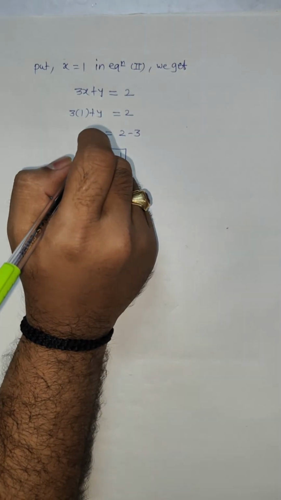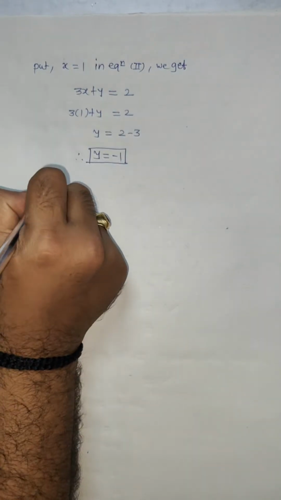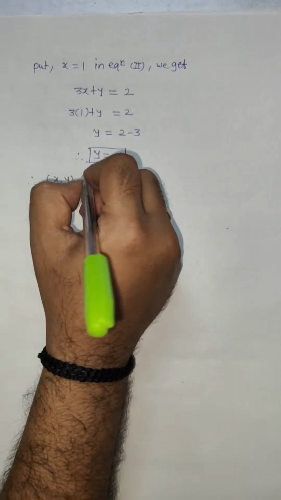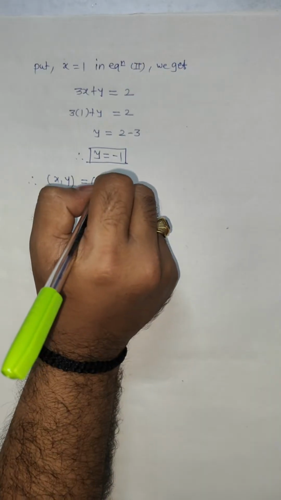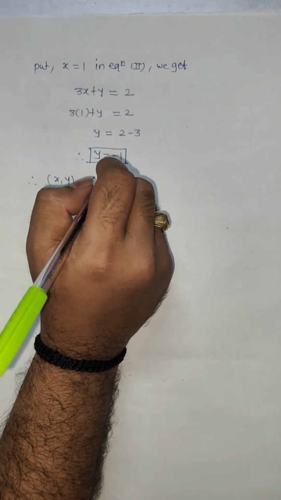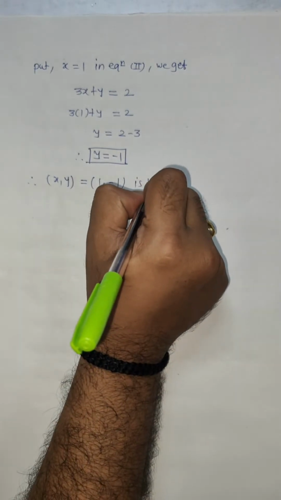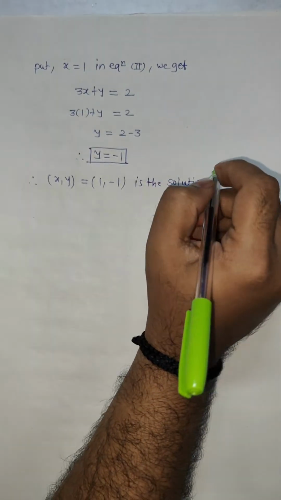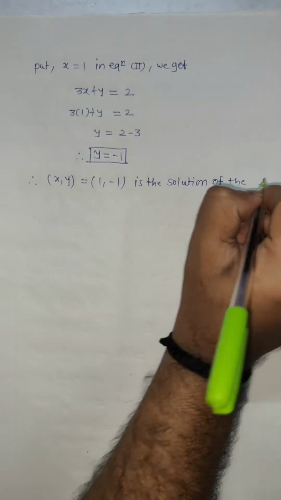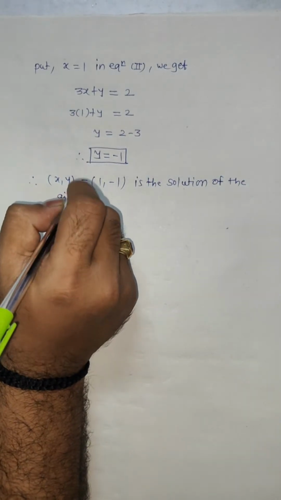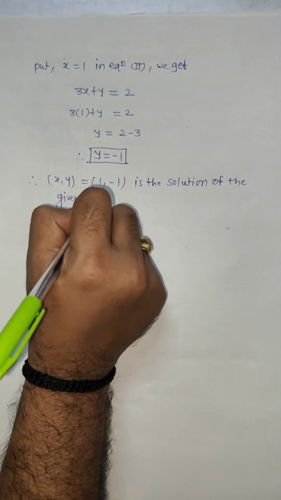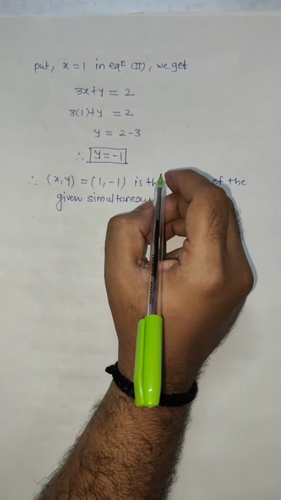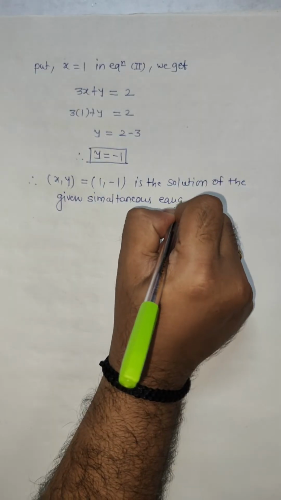So the coordinates x comma y are 1 comma minus 1, and this is the solution of the given simultaneous equation.